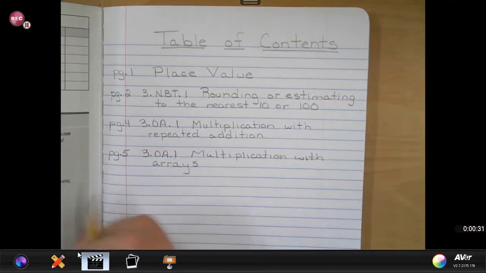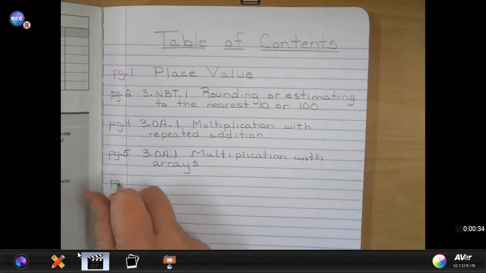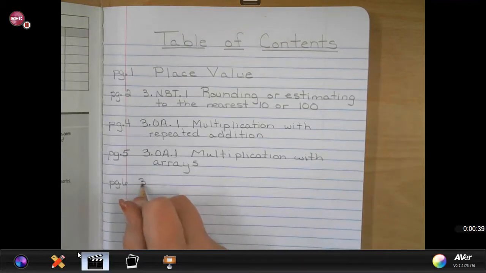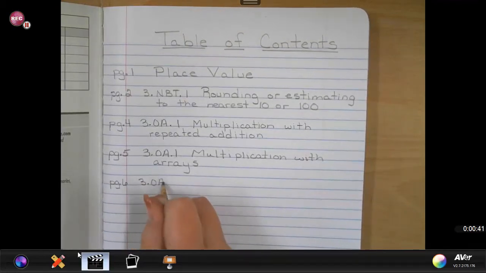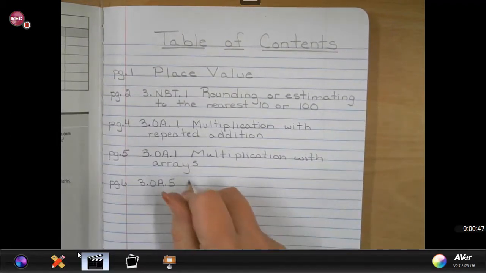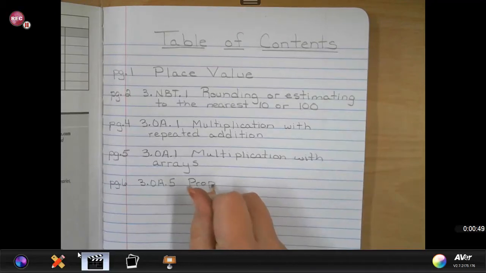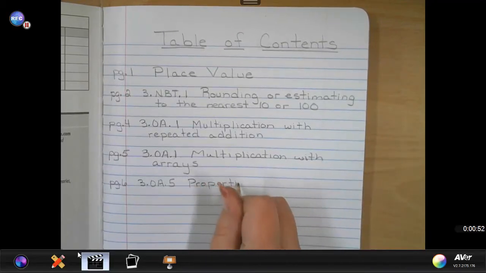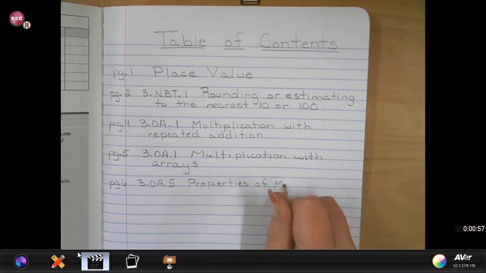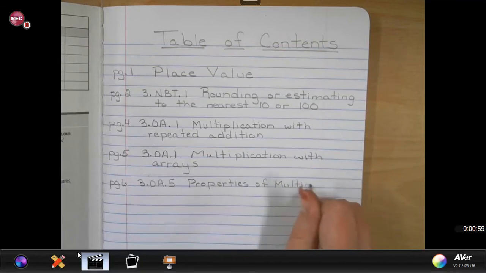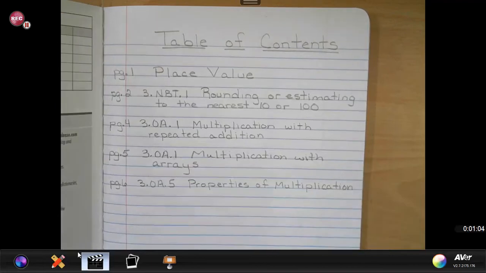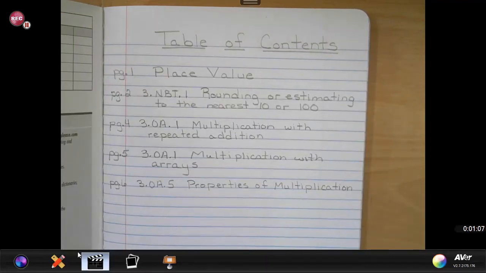We're going to skip a line here and do page 6. Remember, this goes in your blue math composition notebooks.